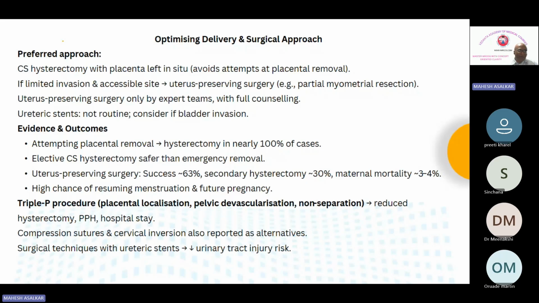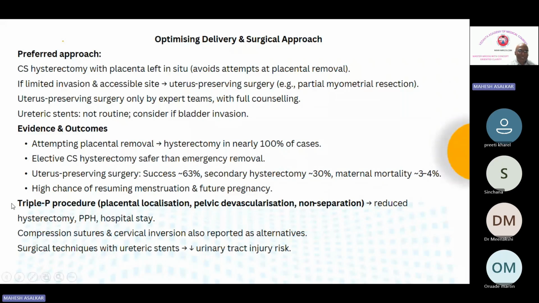Ureteric stents are routinely not required, but if there is bladder invasion, they can be used. Attempting placental removal nearly always ends up with hysterectomy. Elective cesarean section with hysterectomy is safer than emergency removal. Uterus preserving surgery success is 63%. Secondary hysterectomy is required in 30%, and maternal mortality is around 3 to 4%.